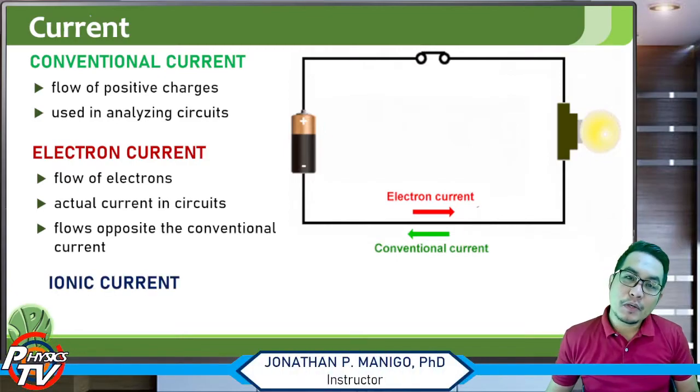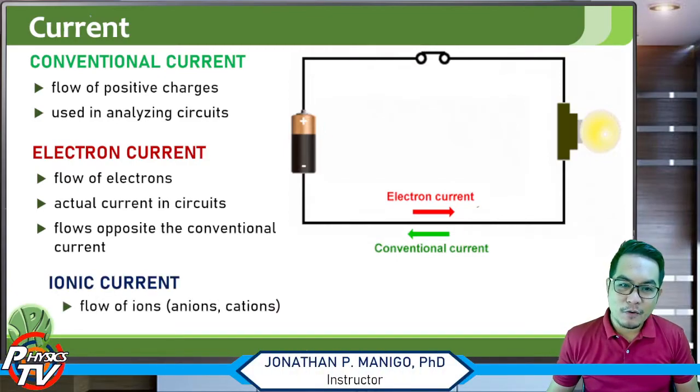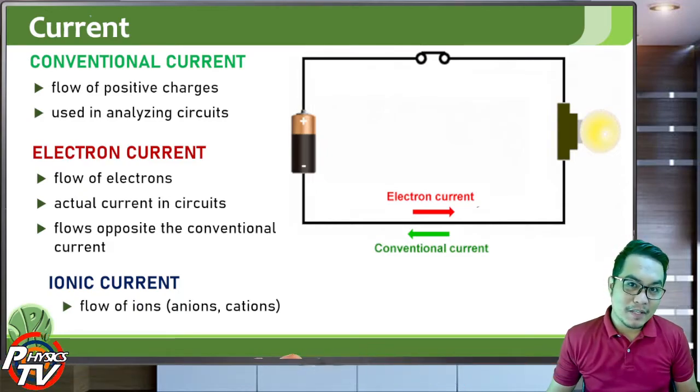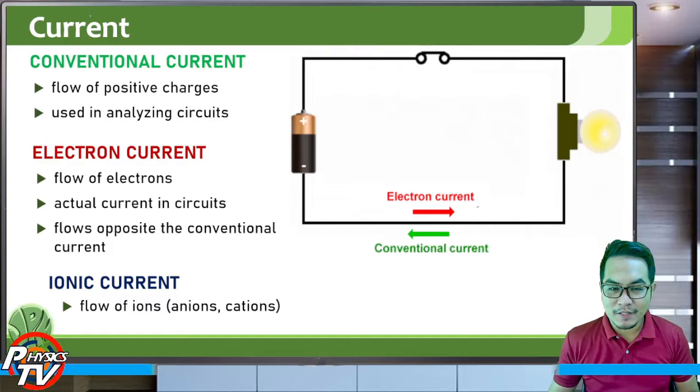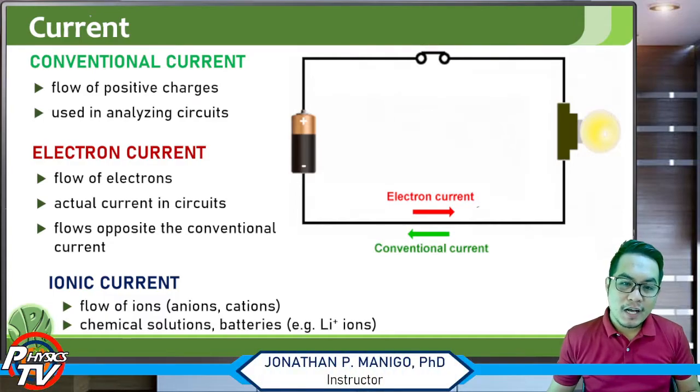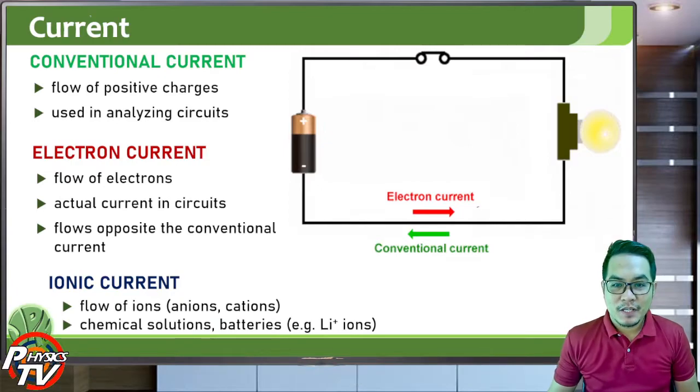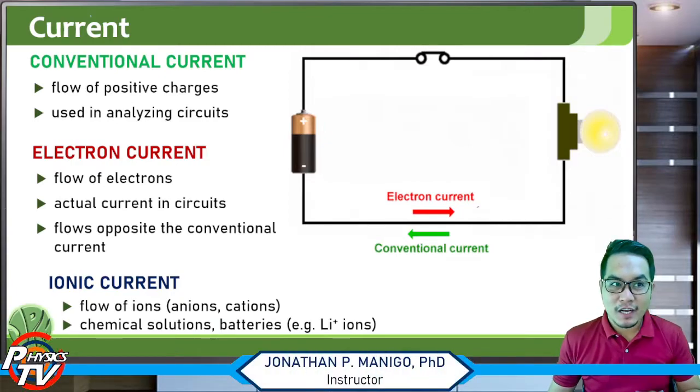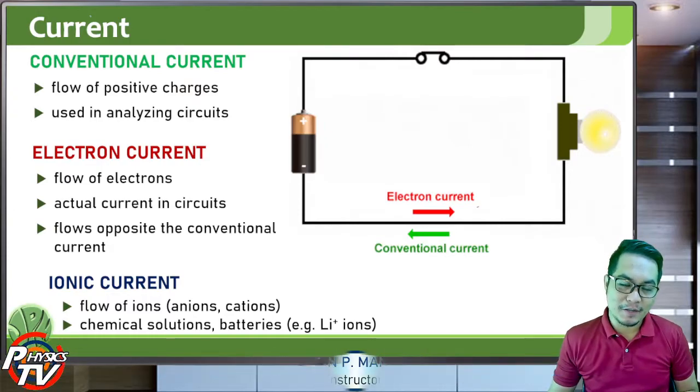We also have what we call ionic currents, the flow of ions, say anions for negative ions, and cations for positive ions. And this is usually found in chemical solutions such as batteries. So in your cell phone batteries, it usually has lithium plus ions.